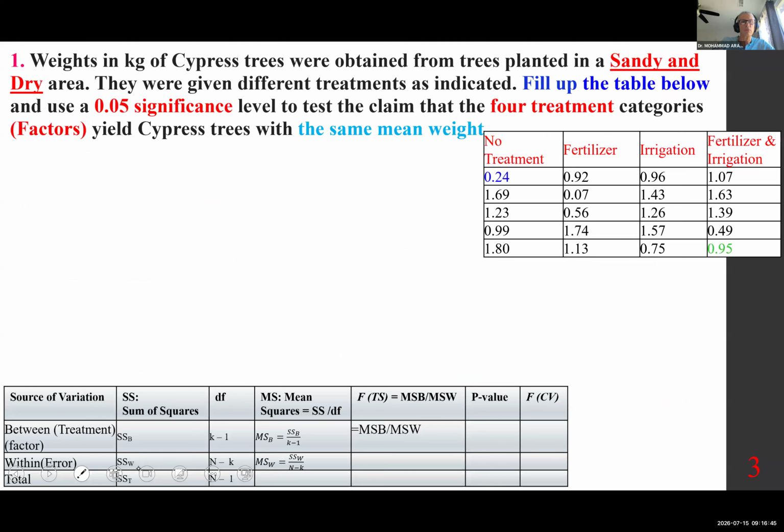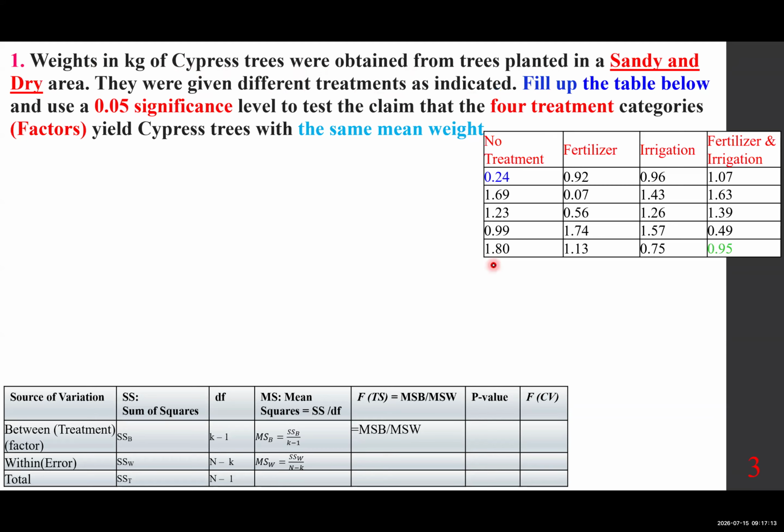Let's look at an example to make some sense out of this here. Weights in kilograms of cypress trees were obtained from trees planted in a sandy and dry area. They were given different treatments as indicated.